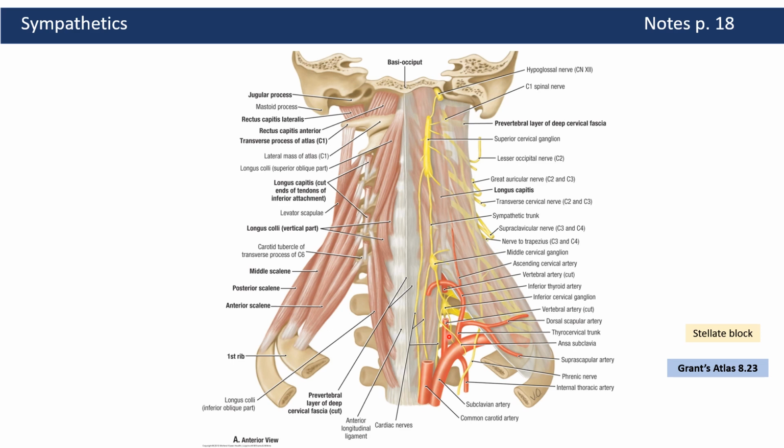And we will talk some more about that. And so again, the sympathetic trunk is sitting on top of the prevertebral fascia, which lies anterior to the longus capitis and longus colli, those prevertebral muscles that we've already talked about.